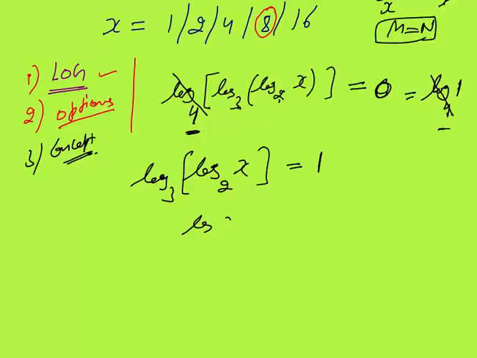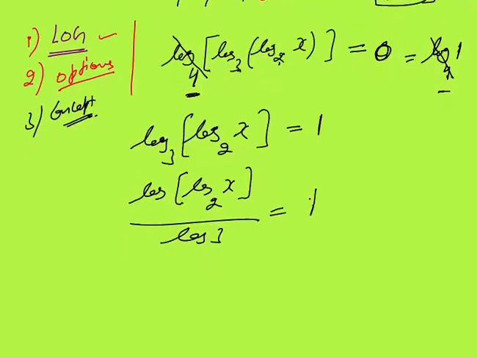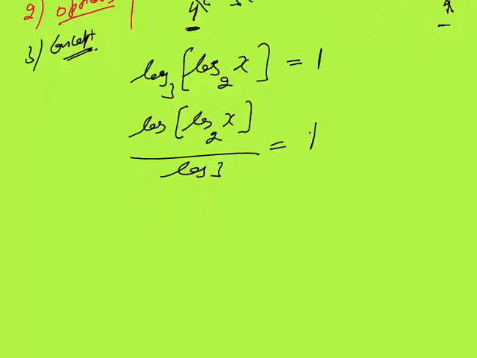Can I say this will become log of log x to the base 2 equals log 3 equals 1? Again, log m to the base a is equal to log m upon log a. The base you can write as a separate log. Cross multiply, this becomes log of log x to the base 2 equals log 3.